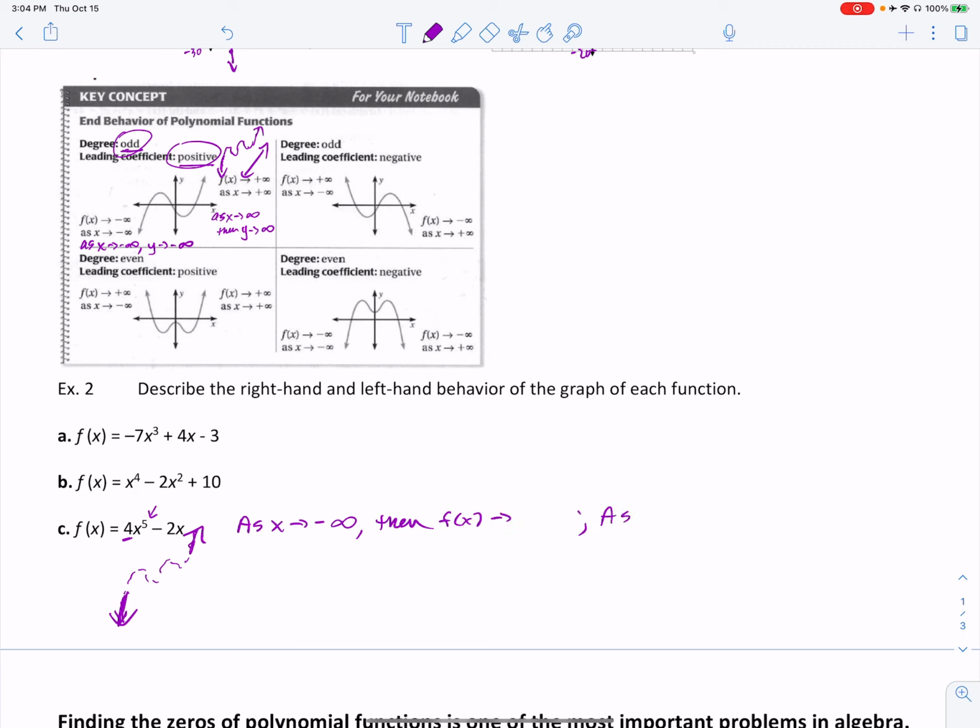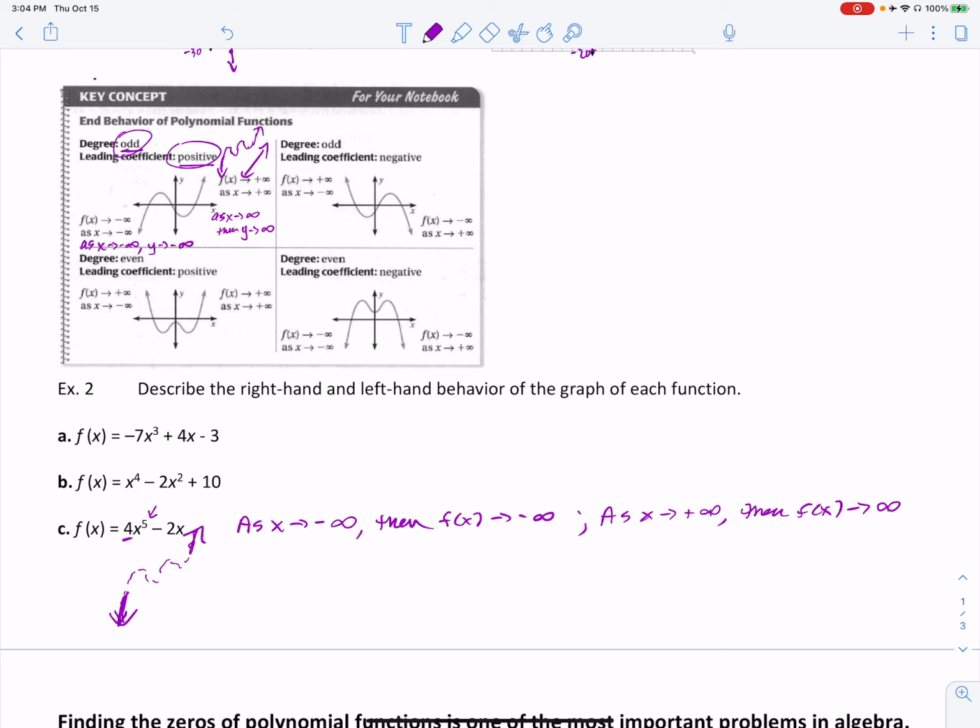And then as x goes to positive infinity, then f of x goes to what? So you need both, but as x is going negative more and more, then y just goes downward to negative infinity. And as x goes to positive infinity, then f of x goes to positive infinity. And that's what I'm looking for when I ask it that way.